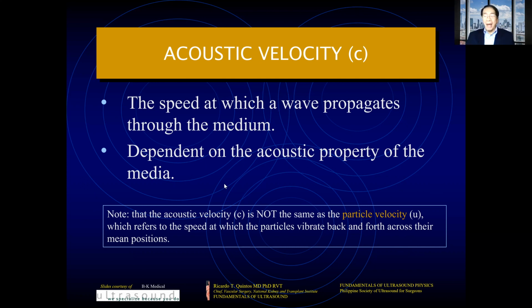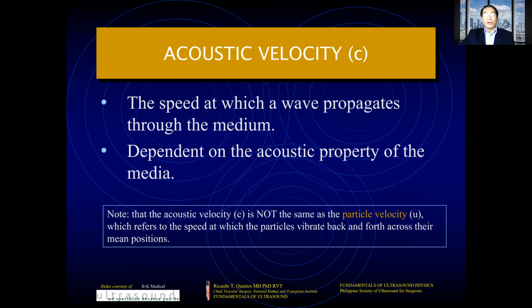It does not depend on the vibration of the particle or the element of the particle that is moving, but it is dependent on the acoustic property of the media that affects the propagation of the wave. So we note here that the acoustic velocity is not the same as the particle velocity.